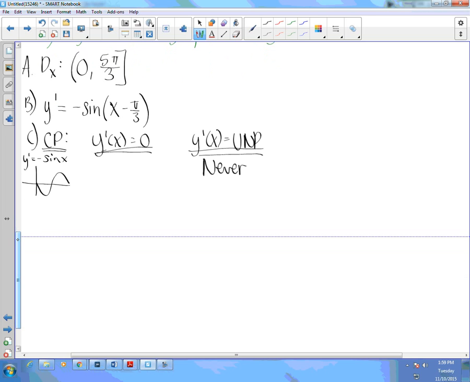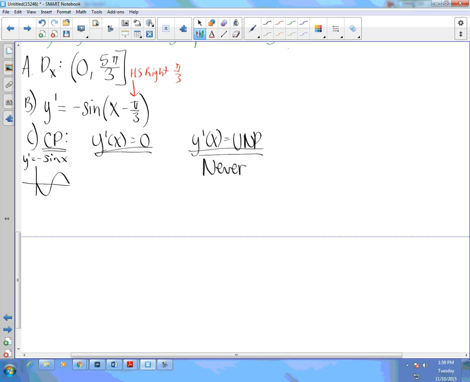Okay, what happens with this minus pi over 3? What does this do to the graph? It's a horizontal shift. Which direction? To the right. Remember, opposite, same. Horizontal shift right, pi thirds.